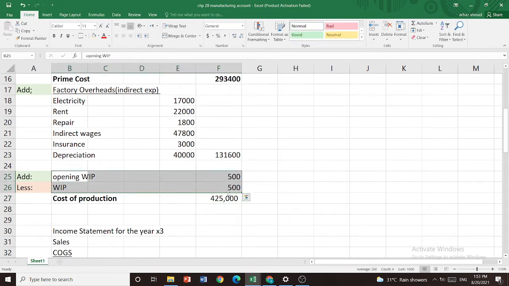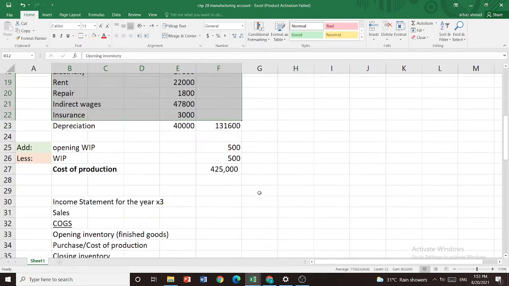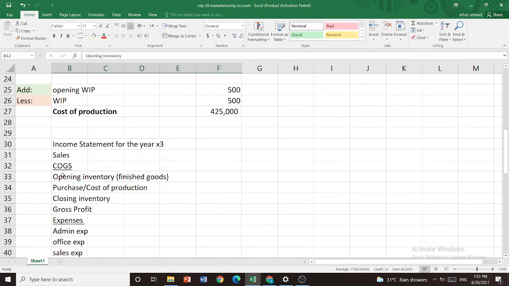Now you have two new things here, opening work in progress and closing work in progress. Opening work in progress should be added, and closing work in progress should be minus. Why is that? Work in progress, I told you, are the goods that are not finished. Now when you haven't finished these goods, you cannot include them in the income statement.